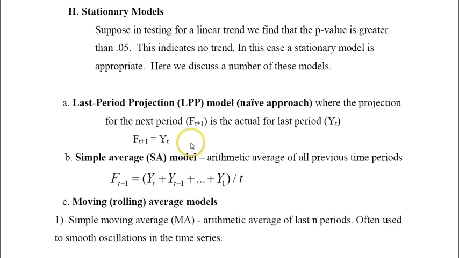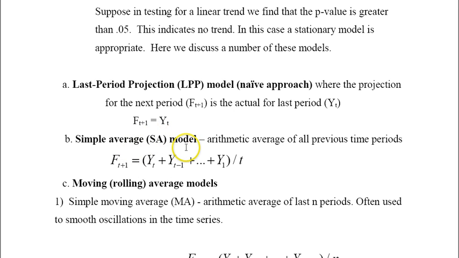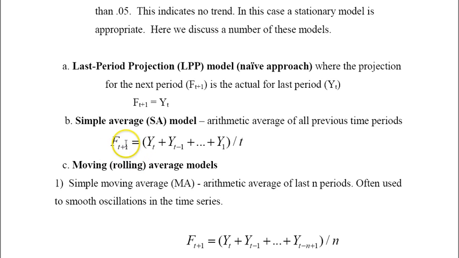The second model is called a simple average model. And this is the arithmetic average of all previous time periods. So if I want the forecast for period t plus 1, I take all periods yt down to y1 divided by t.